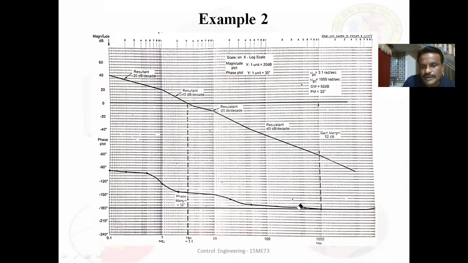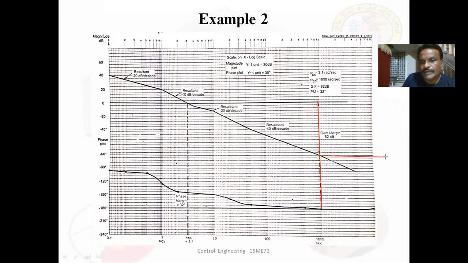Now it crosses the minus 180 degree. Now you take this and project it till here. Now we have to measure the gain margin as well as the phase margin.